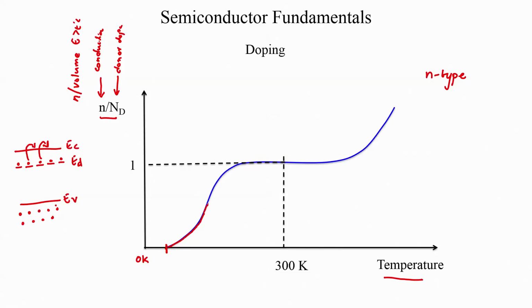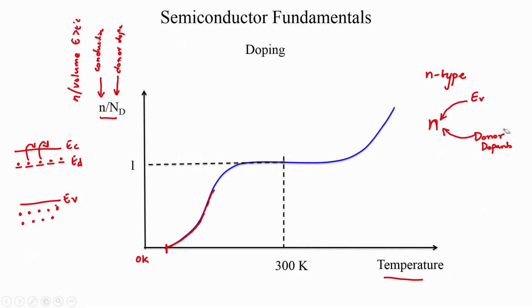Now, as the temperature increases further, both sides start contributing electrons to the conduction band. So, you have the total number of electrons per unit volume in the conduction band to be N, and it is receiving electrons from the valence band as well as electrons from the donor sites, from the donor dopants.